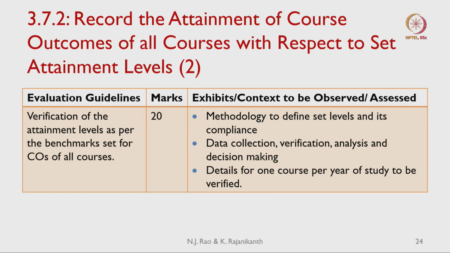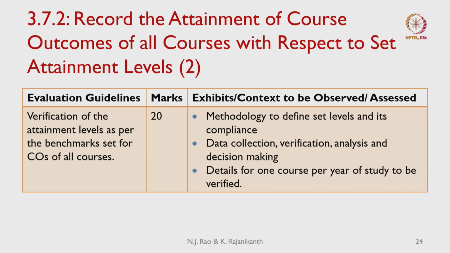So, record the attainment of the course outcomes of all courses, and the evaluation guidelines are verification of the attainment levels as per the benchmarks set for COs of all courses. So, the methodology to define the set levels and its compliance, the data collection, verification, analysis and decision making, the details for one course per year of study to be verified.